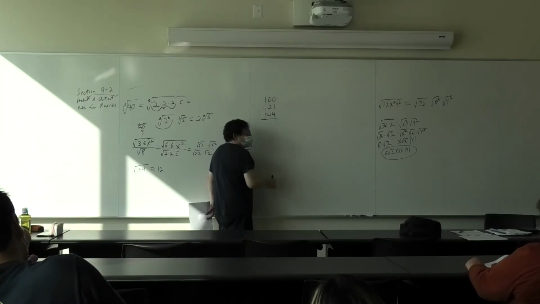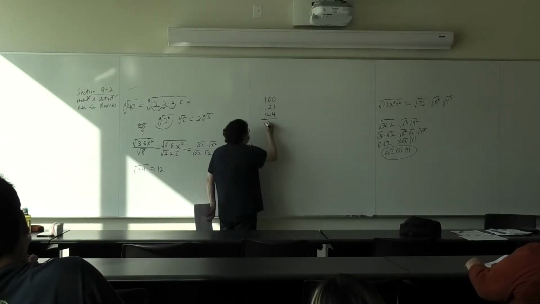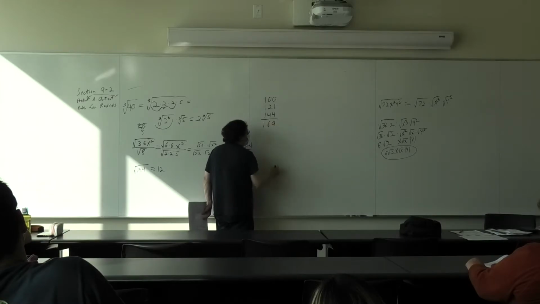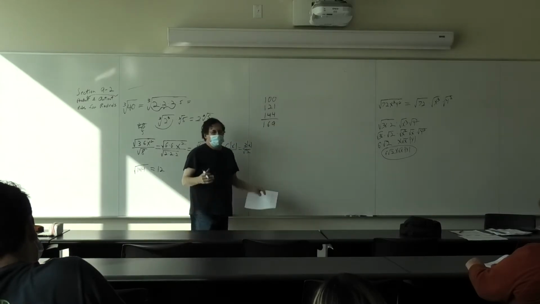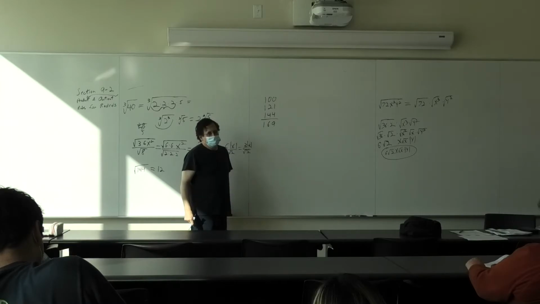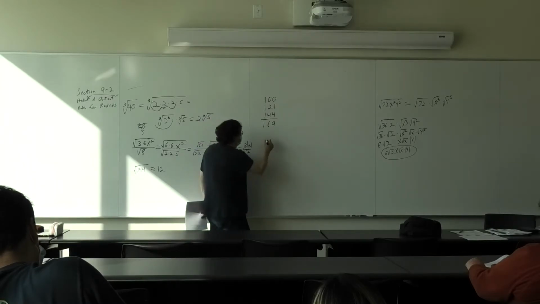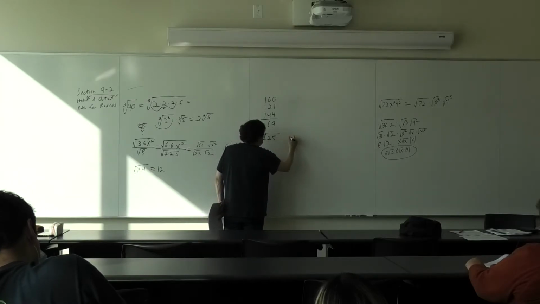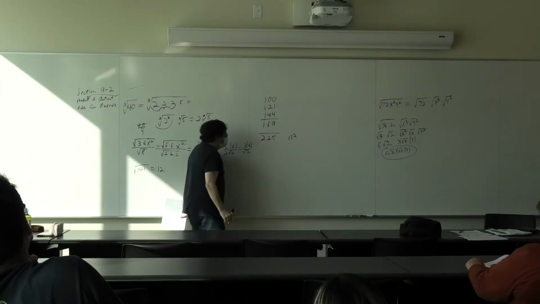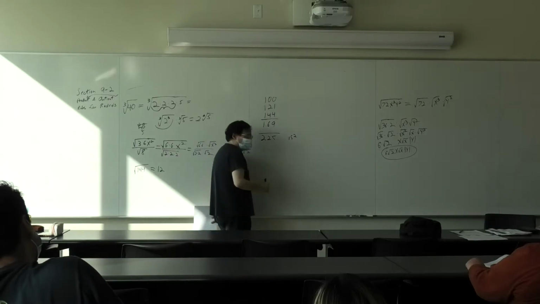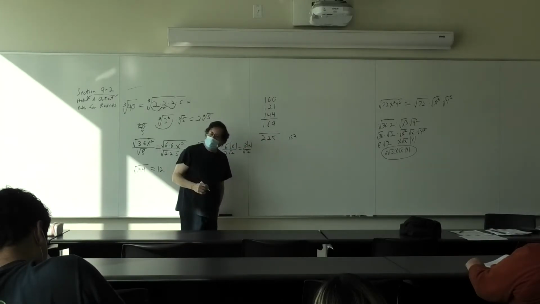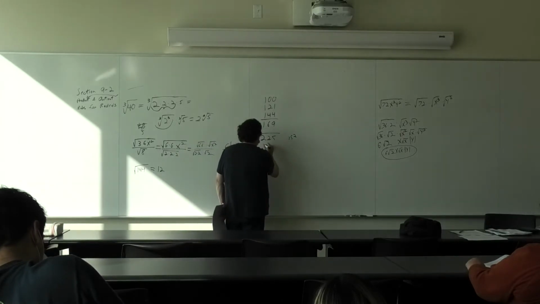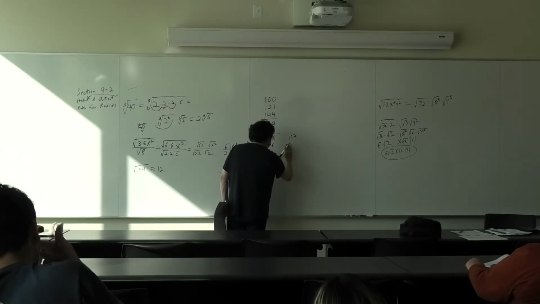Now I'm kind of picky. 169 is 13 squared, and I can't remember 14. But I can remember 15 is 225. It's 15 squared. And 16, because I'm a programmer, and all programmers should know that 256 is 16 squared.